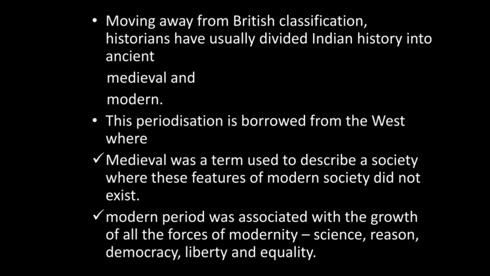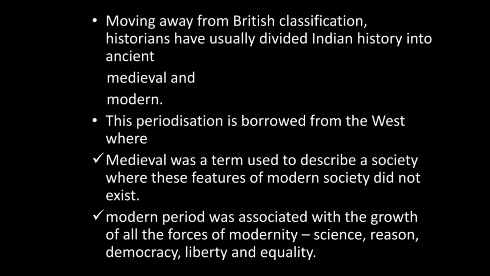As the classification of James Mill kept many historians unsatisfied, they moved to a new type of periodization and divided Indian history into ancient, medieval, and modern. This concept of dividing history into ancient, medieval, and modern was borrowed from the West. West means mainly the developed countries, Europe and America; these countries were known as Western countries.